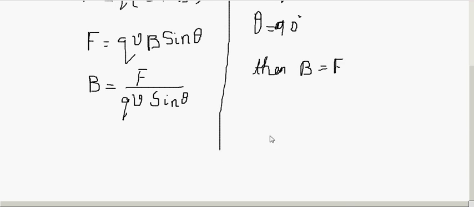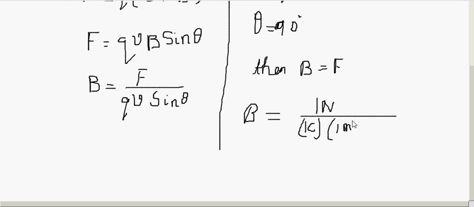So now by applying the unit, I can say that B is 1 Newton divided by 1 coulomb into 1 meter per second into sin 90, that is 1.